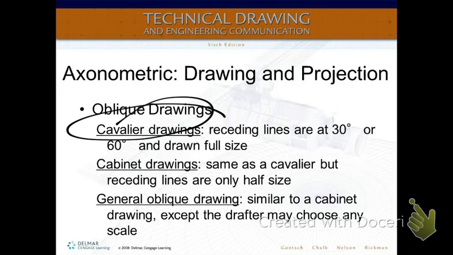Now, with these three types of axonometric, let me pull up a drawing here from your book that actually shows how you do your cabinet. On page 672 is a good example of how to do your cavalier and your cabinet.